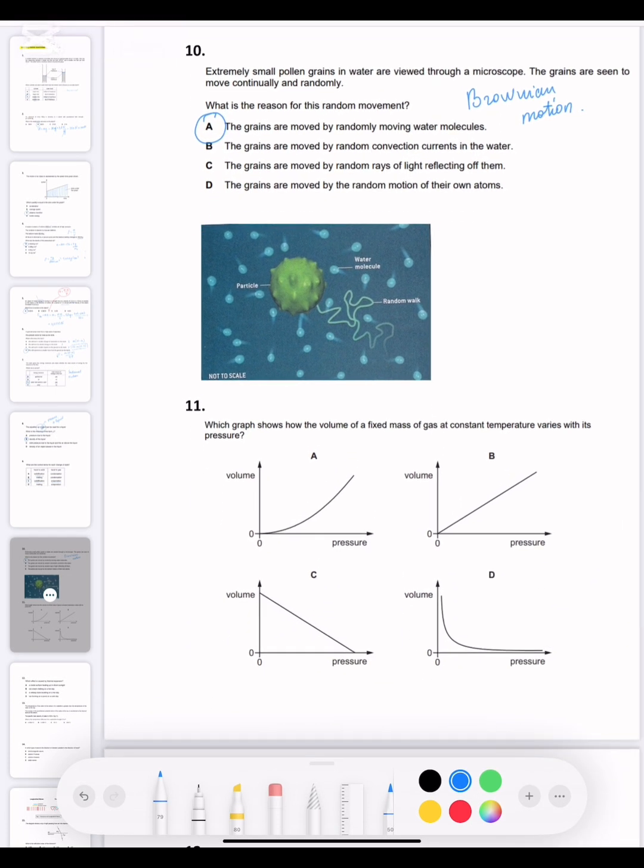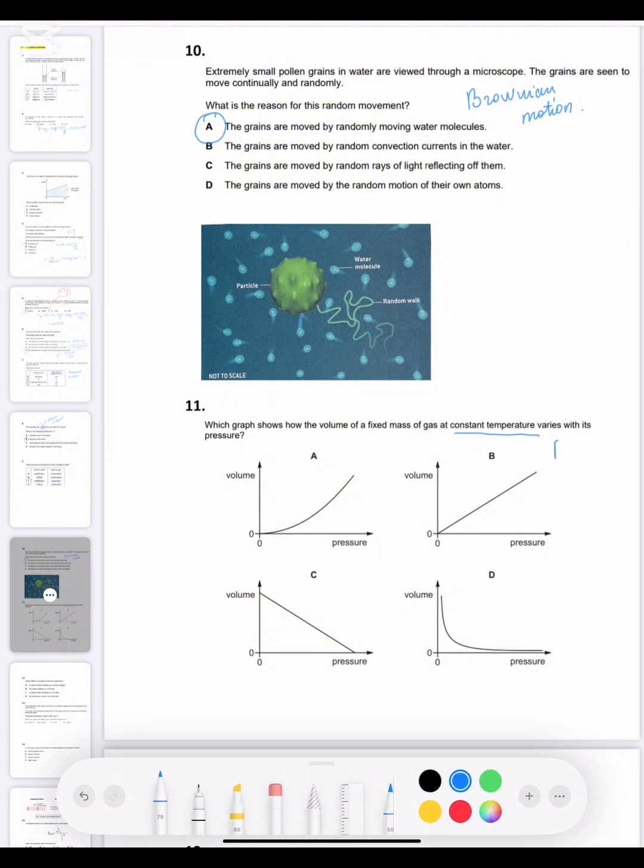The next question, which is question number 11: the graph shows how the volume of a fixed mass of gas at constant temperature varies with its pressure. The relationship between volume of a fixed mass of gas and its pressure at constant temperature is described by Boyle's law.